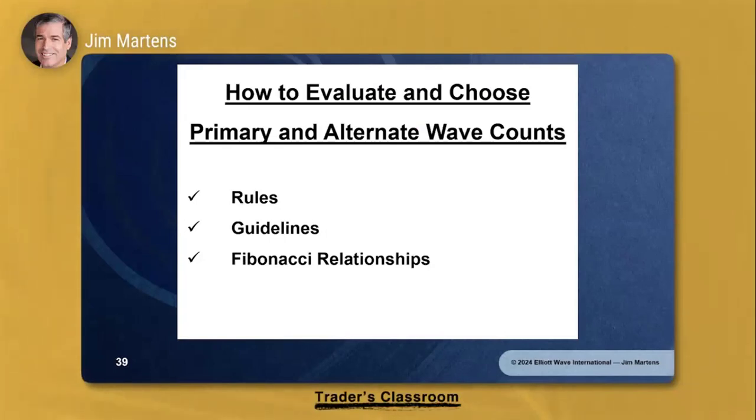The count that best adheres to the rules, guidelines, and relationships will be your preferred count. The one or two counts that do not meet the same level of adherence to expectations will be your alternate counts. But at the end of the day, future market movement will dictate which count is the correct count.